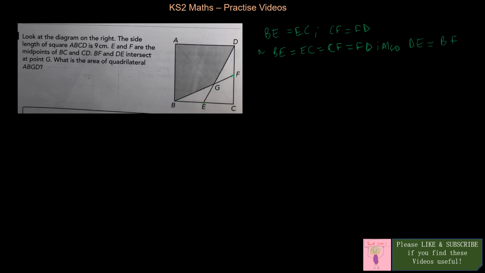Now if we draw a line, which is a diagonal joining the points B and D, BD, the line BD is joining the points B and D.